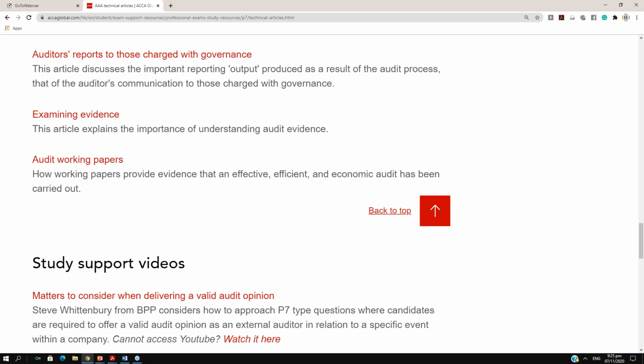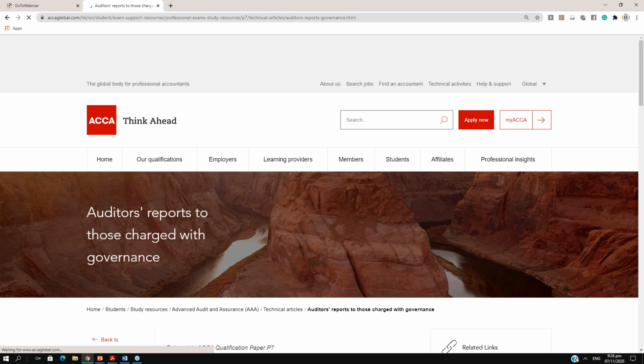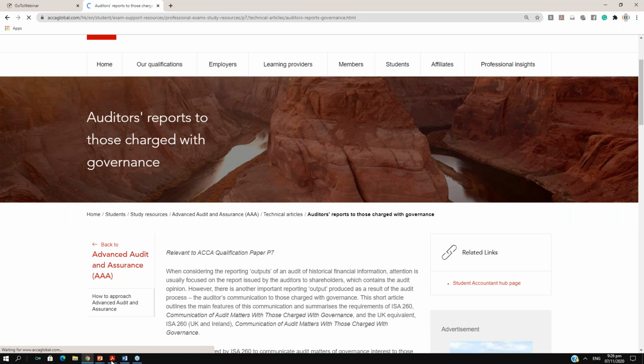So will all of you be reading this article, auditor reports to those charged with governance? This is such an important article. If you are attempting a question from June 19 exams, this article will help you. I'm sending the hyperlink of this article to all of you who are taking the live webinar.